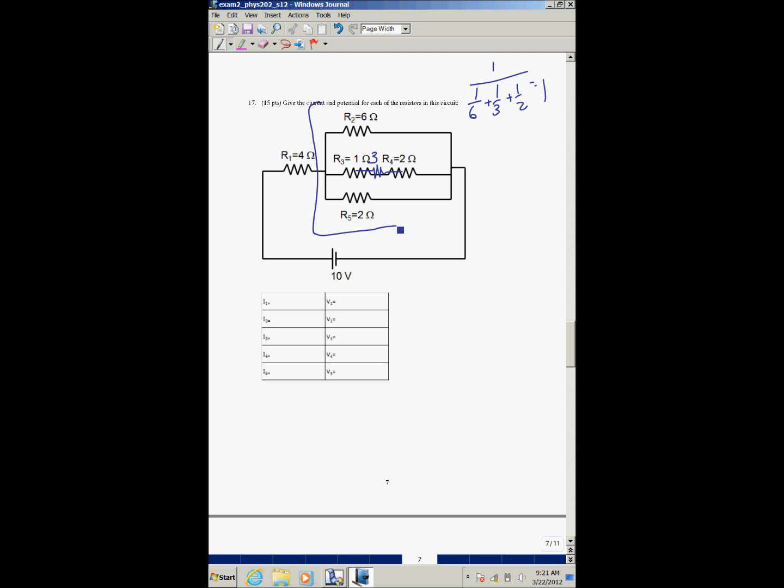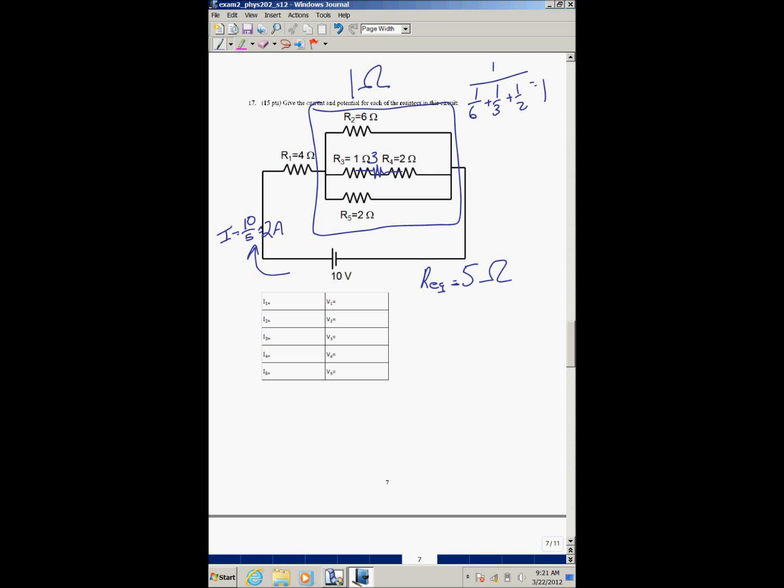So this whole thing is 1 ohm. So that means that my equivalent resistance, REQ, is equal to 4 plus 1. That's equal to 5 ohms. Alright, so I can find this current is going to equal 10 over 5, which is 2 amps.